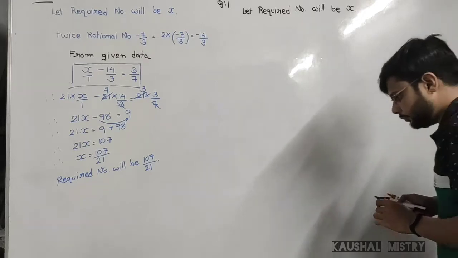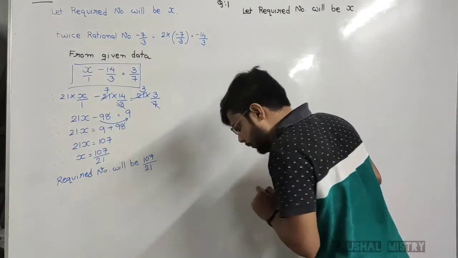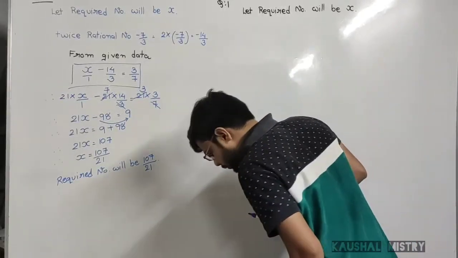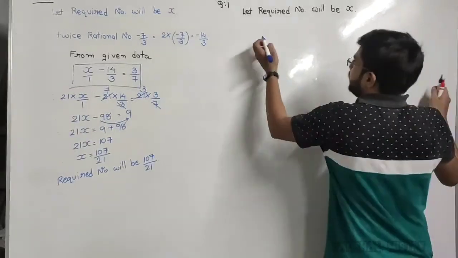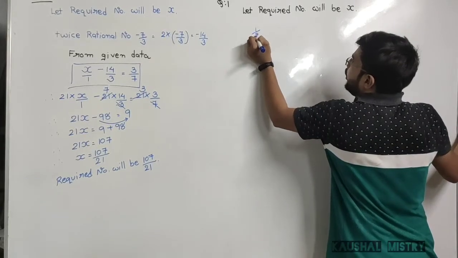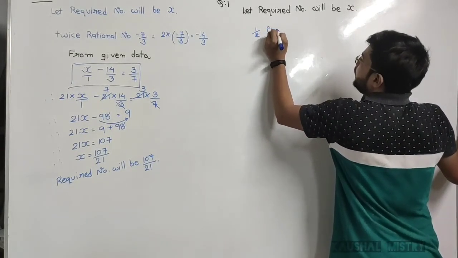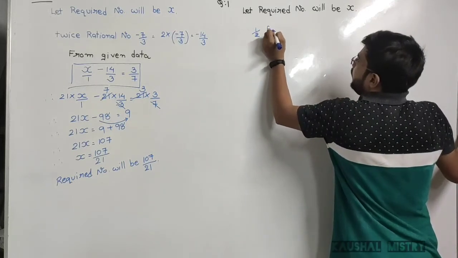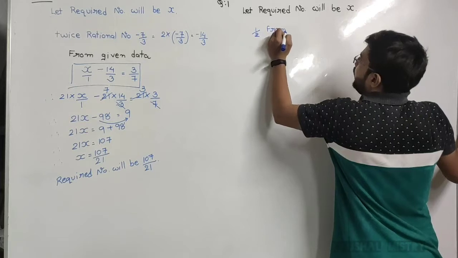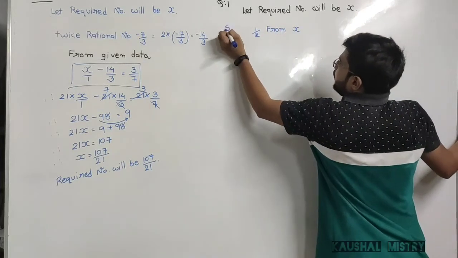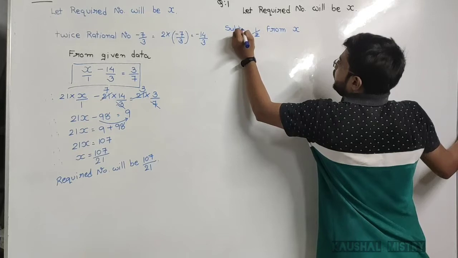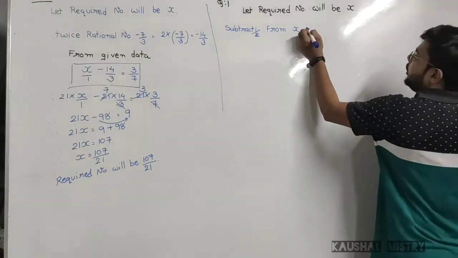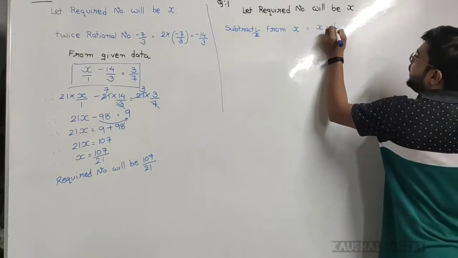Now we have to subtract 1 by 2 from the number, so subtract 1 by 2 from x, that is equal to, we know that is x minus 1 by 2.